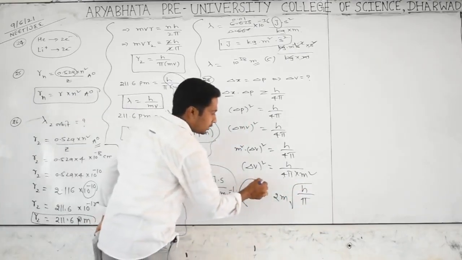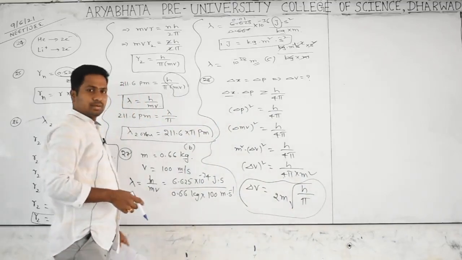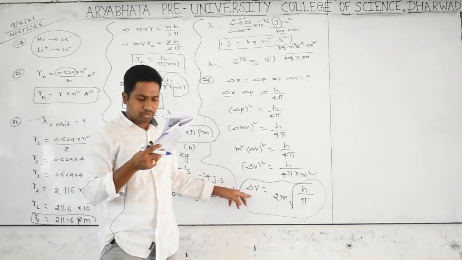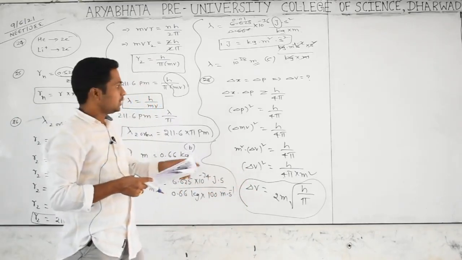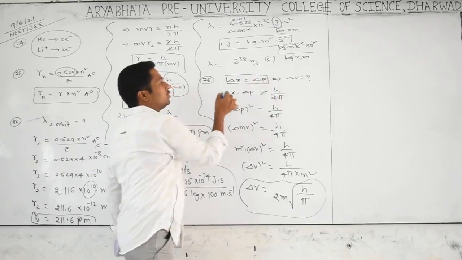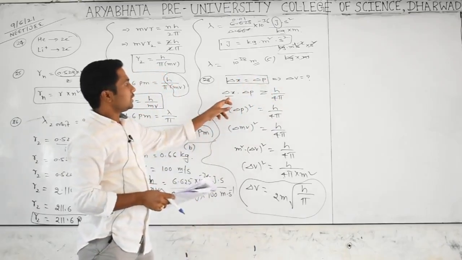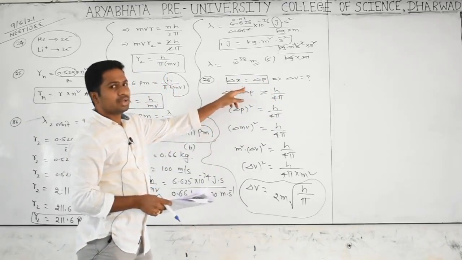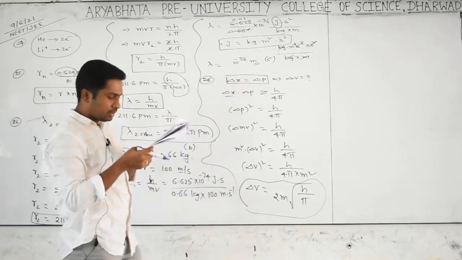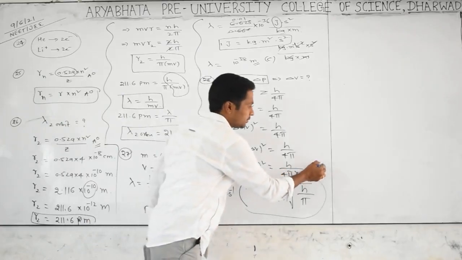So the uncertainty in the velocity is equal to 1 by 2m into square root of h by pi. So what concept did we use? Uncertainty in the position is equal to the uncertainty in momentum. Instead of delta x I substituted delta p because the given condition is that they are equal. That's why we can simplify. We are getting it like this. Option C we are getting.